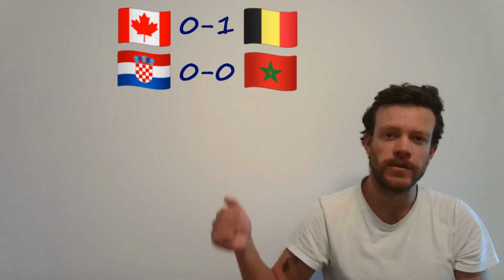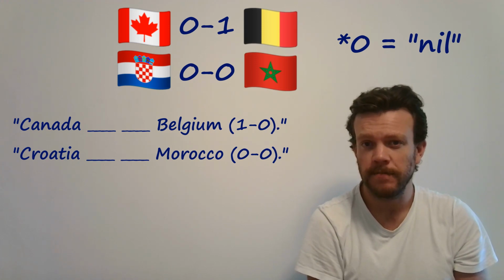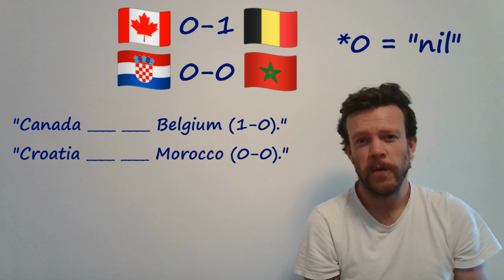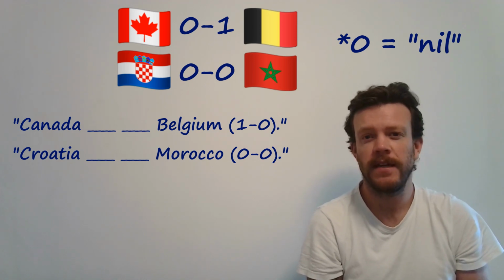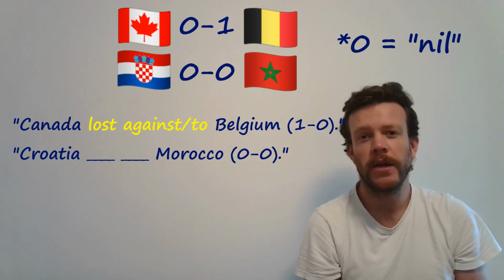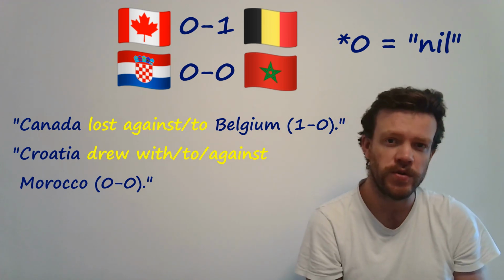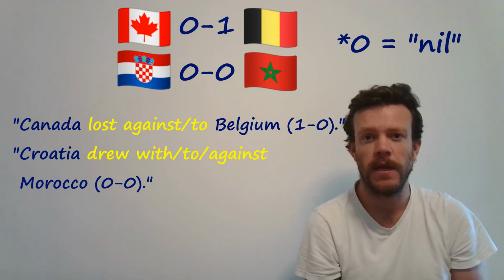So just pause the video and look at the scores up here and complete the sentences. And well done. If you said Canada lost against or lost to Belgium 1-0, and Croatia drew with, drew to, drew against Morocco 0-0.